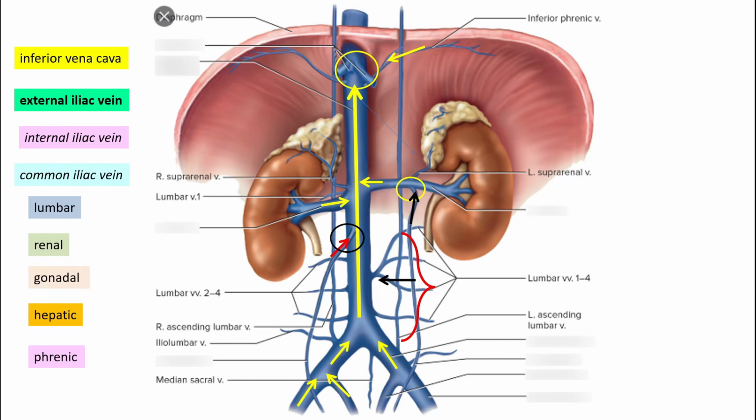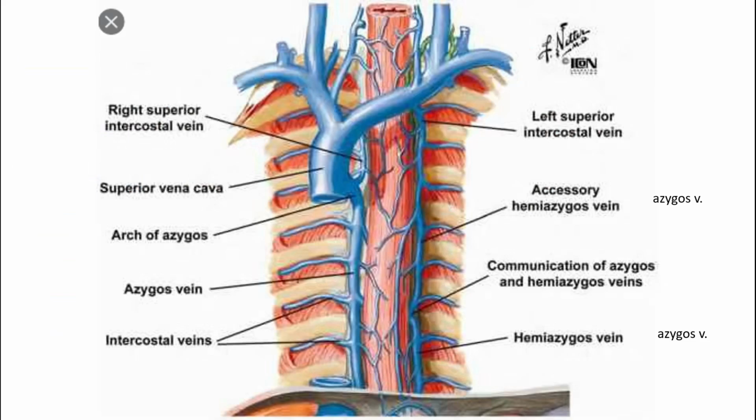And just under the diaphragm, hepatic veins are going to join the inferior vena cava, and of course we are going to see veins on the abdominal surface of the diaphragm joining the uppermost part of the inferior vena cava.